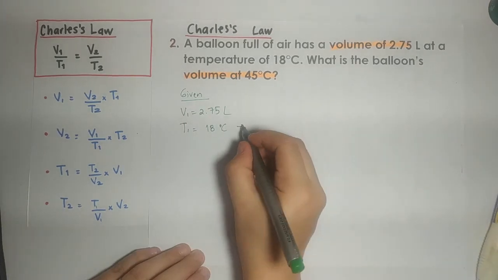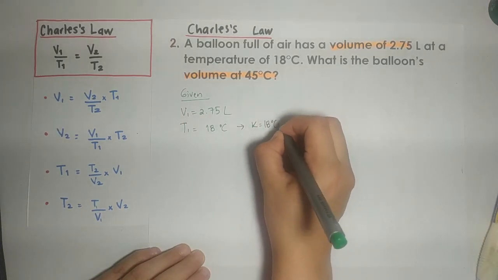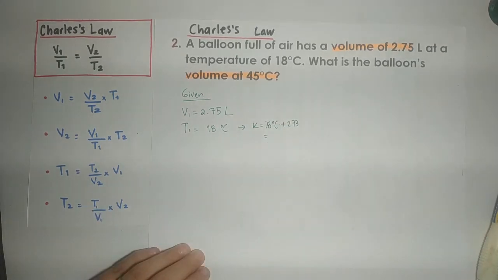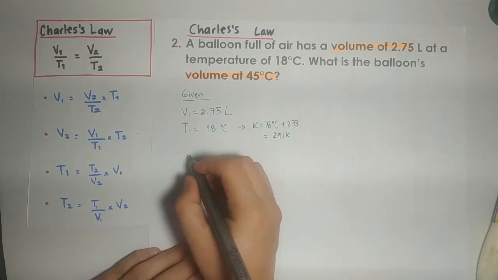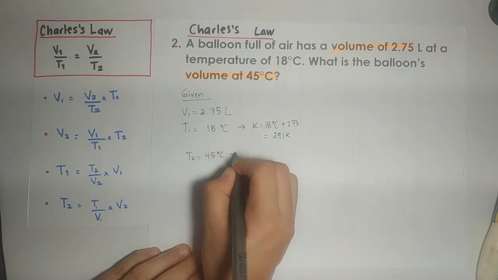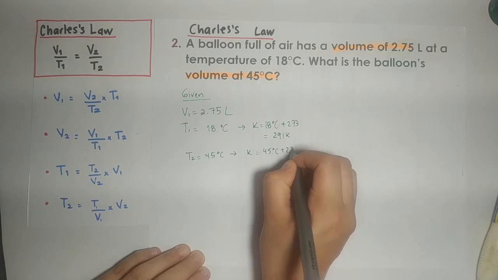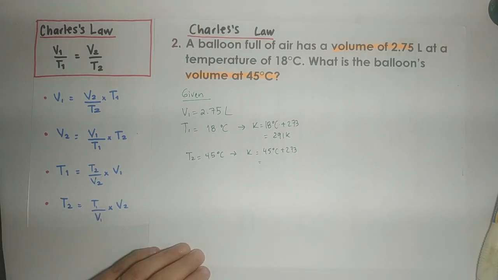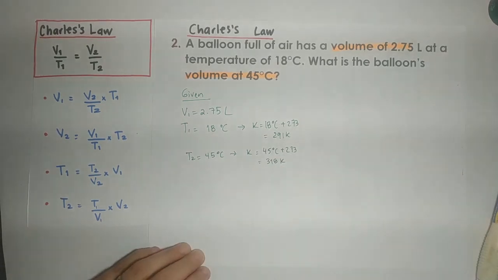I convert to Kelvin: 18 plus 273 is 291 Kelvin. My temperature 2 is 45 Celsius degrees, which means 45 plus 273, so the conversion is 318 Kelvin.